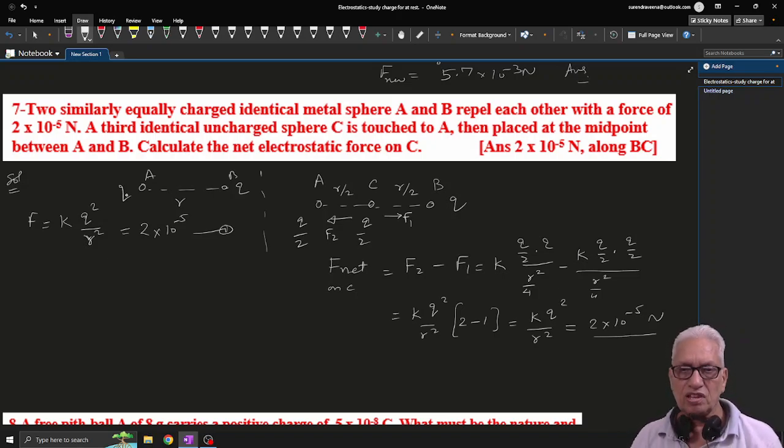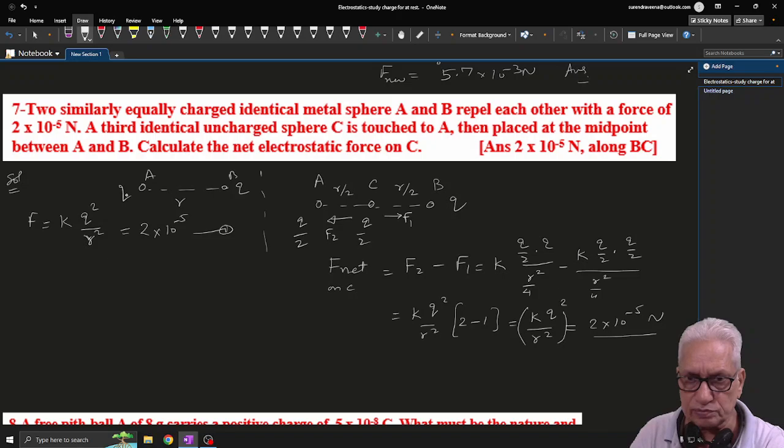Still, using equation 1, on C the force comes to 2 into 10 power minus 5 Newton. F2 is more than F1, so this is the force acting on C towards left, or along BC. So this is the answer.